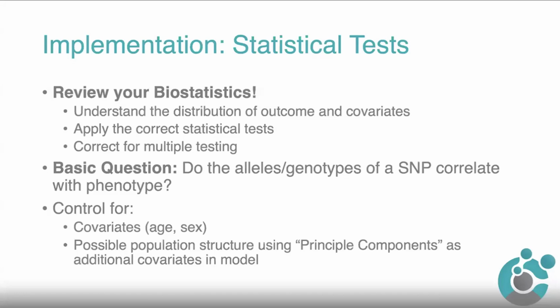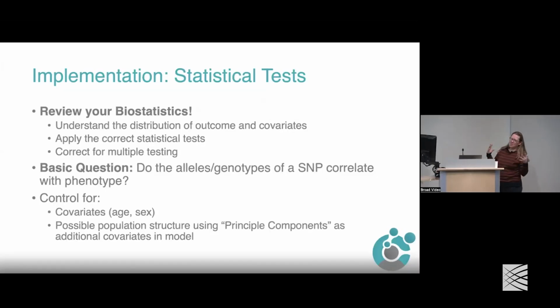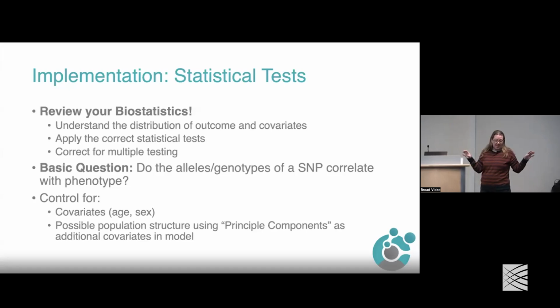I'm not going to talk too much more about this, but there's tons of literature out there about using genetic principal components as a method to control for the problem of population structure. The problem is generally stated as there being differences in allele frequencies between groups in your analysis sample that are correlated with the differences in the trait or disease that you're studying.